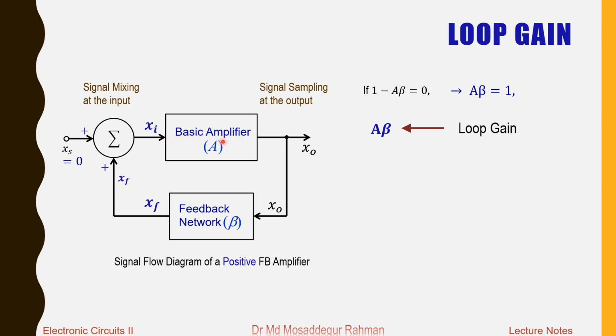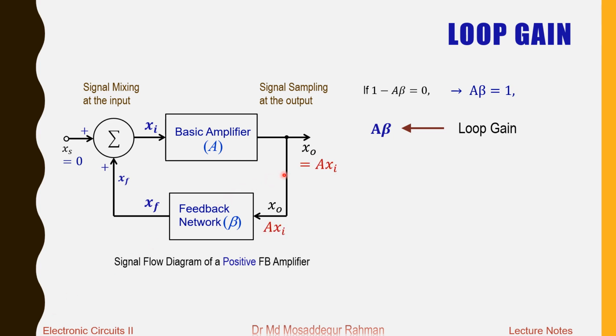It is the gain by which the signal Xi will be multiplied once it finishes one loop around this feedback network. You see that we have the output signal X naught, and X naught will be A Xi. That's our input of the basic amplifier, Xi.